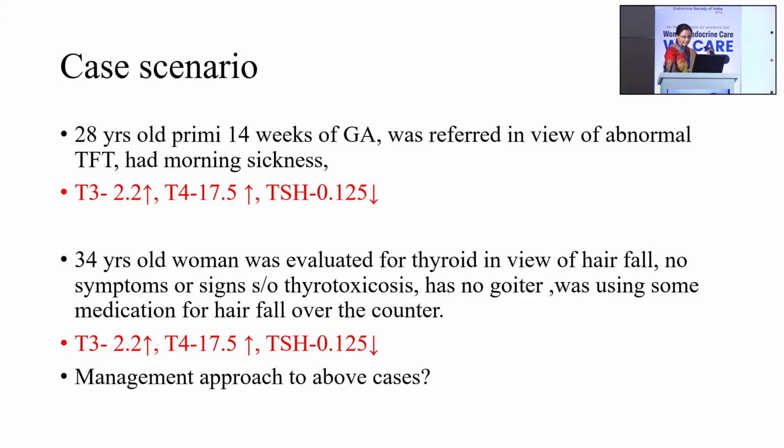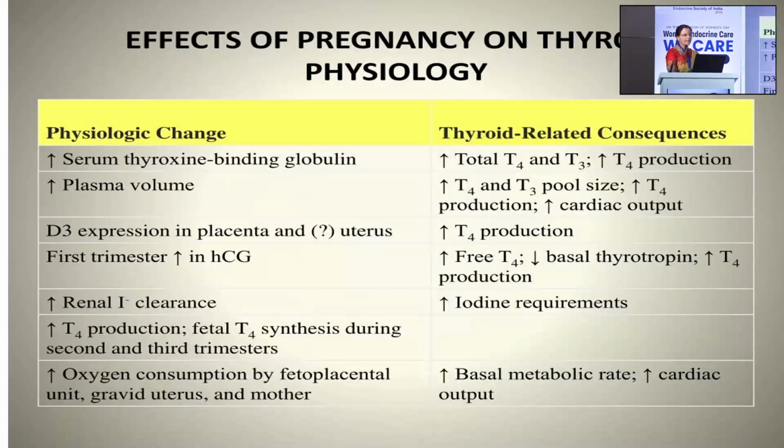And in the second, I am going to discuss biotin. But first, this is just to summarize the effects of pregnancy on thyroid physiology. There is an increase in TBG because of the hyperestrogenic status, which causes increased T3 and T4. Increased plasma volume means the total pool size increases, and increased cardiac output will give some features suggestive of thyrotoxicosis.